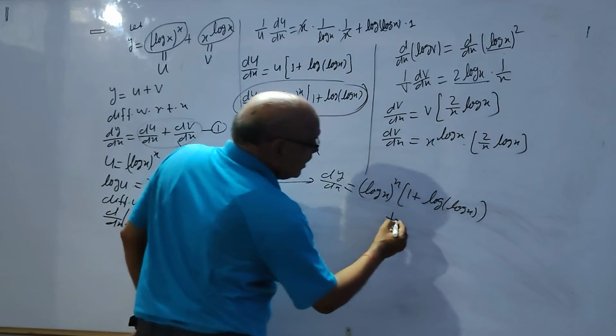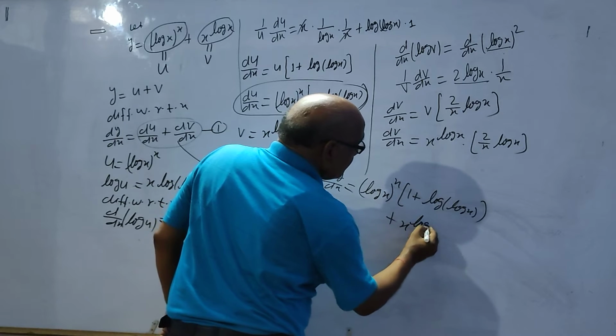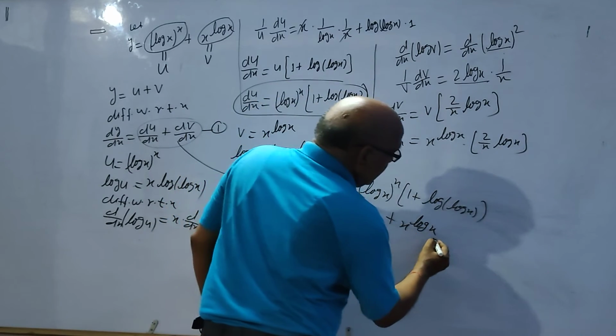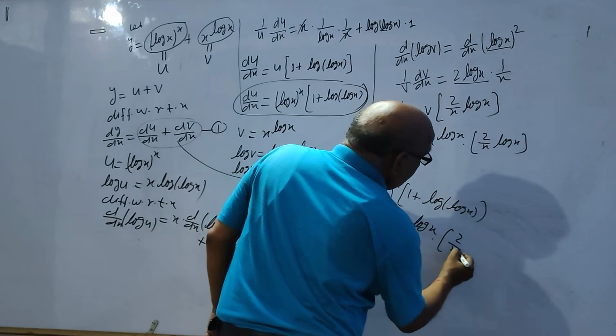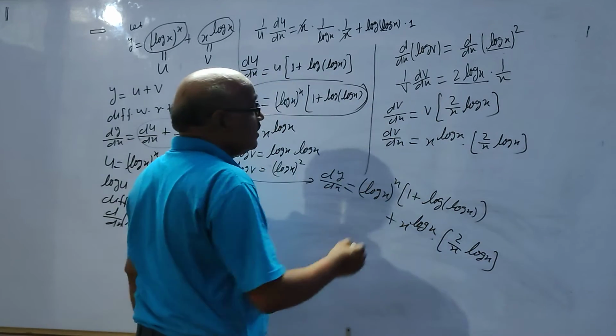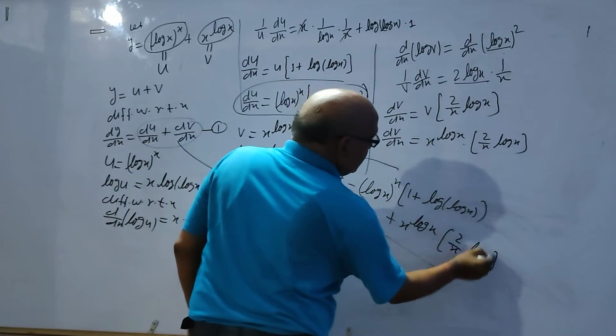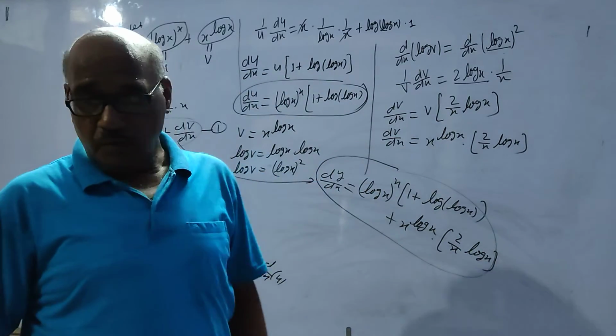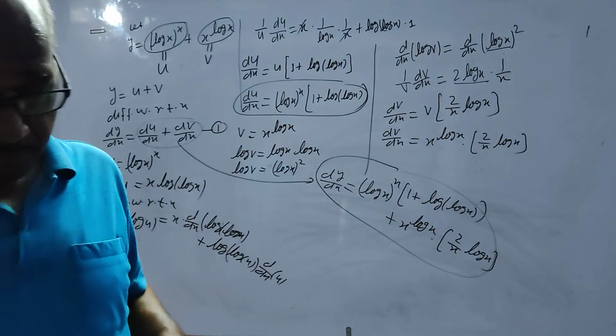So this is x to the power log of x into 2 upon x into log of x, and this is the required result. यही हो गया वैल्यू dy over dx की.